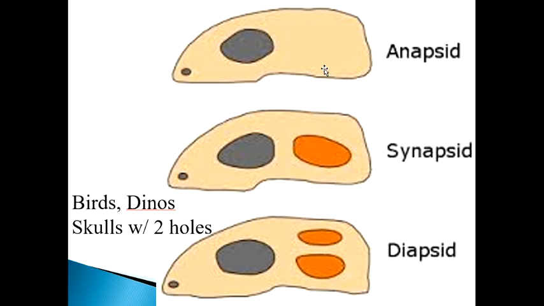Among vertebrates, we have three major groups. We have the anapsids, which have no holes back here. We have the synapsids, which have one hole. And incidentally, you and I and all other mammals are synapsids. And then there are diapsids, which includes birds and dinosaurs, and they are the two-holers.